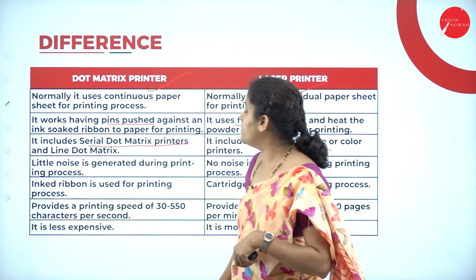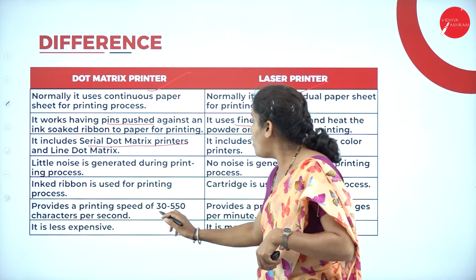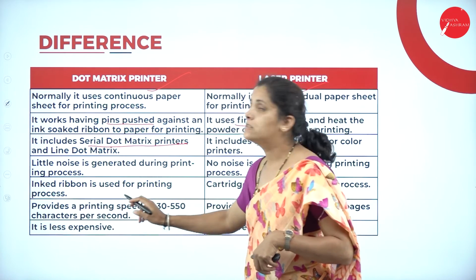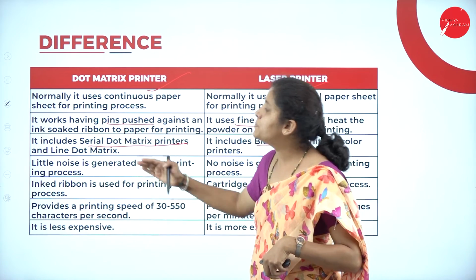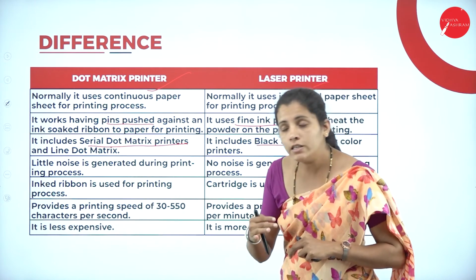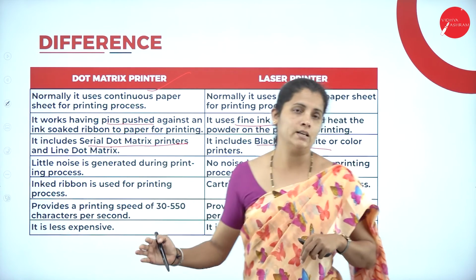Then the next difference: the printing speed of a dot matrix printer is 30 to 550 characters per second.